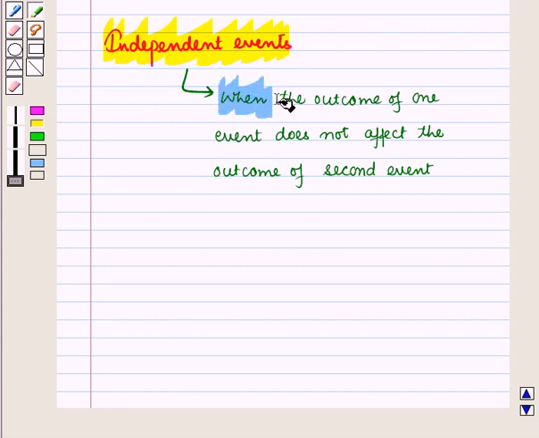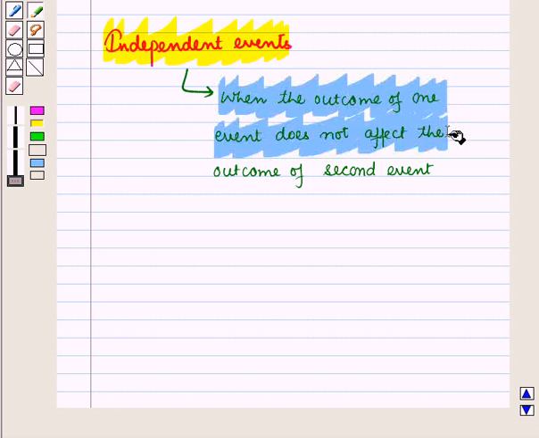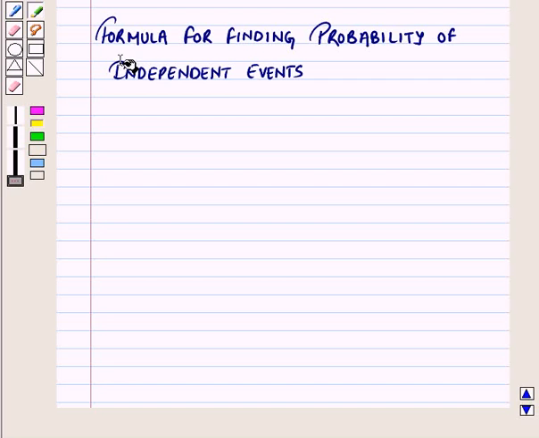That is, when the outcome of one event does not affect the outcome of the second event, then the two events are independent events. Now let us derive the formula for finding probability of independent events.